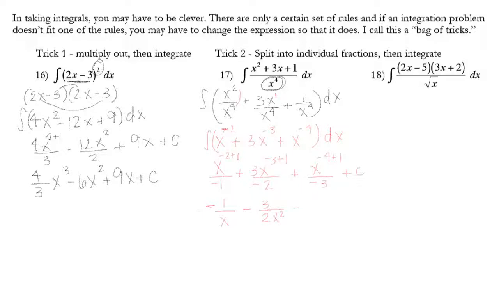And let's see, minus, and it looks like we're going to have 1 over 3x to the negative 3, and then plus c. So that would be our final answer there. So watch those signs.